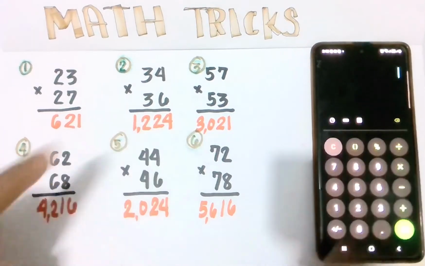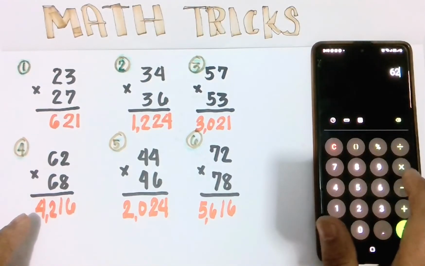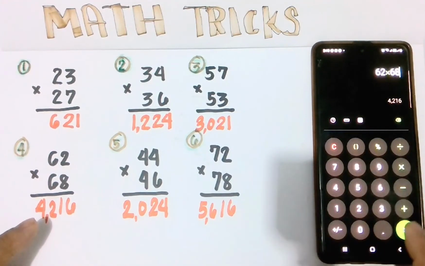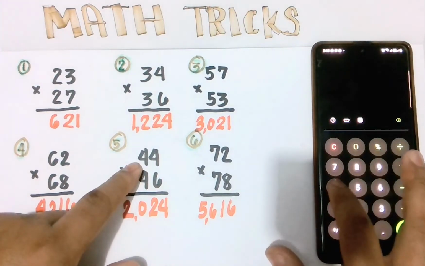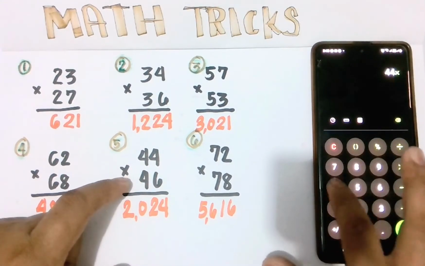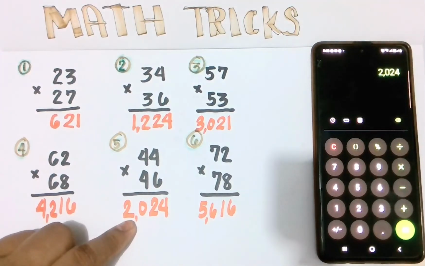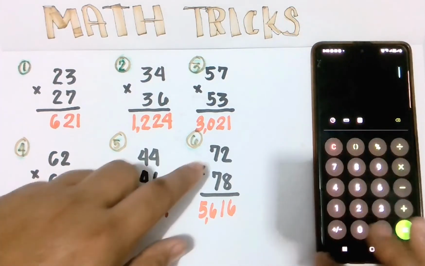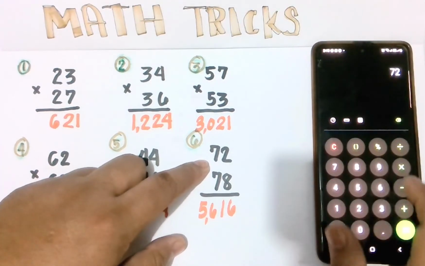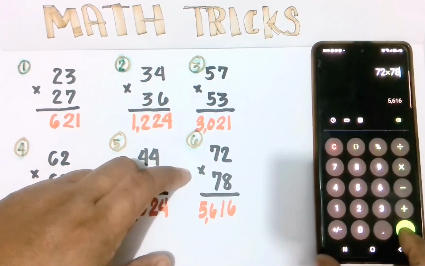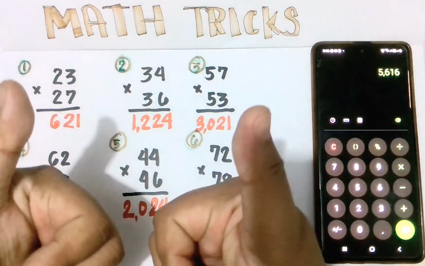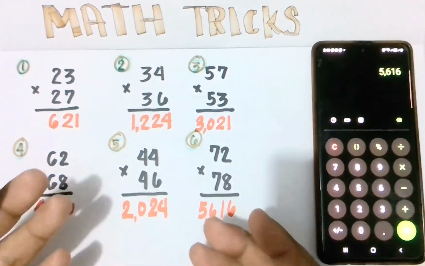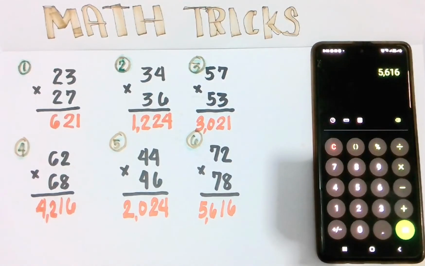Check. 62 times 68, 4,216. Check. 44 times 46 is 2,024. Check. 72 times 78 is 5,616. Check. Okay? So, there you have it. Ganun lang kadali mag-multiply ng 2-digit numbers.